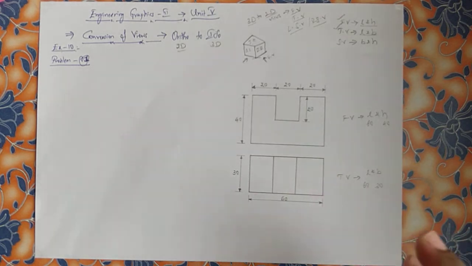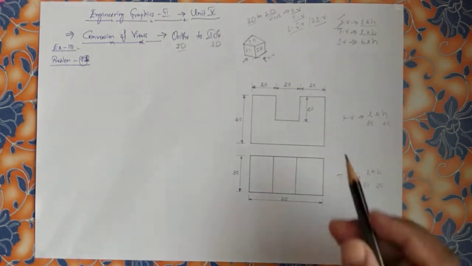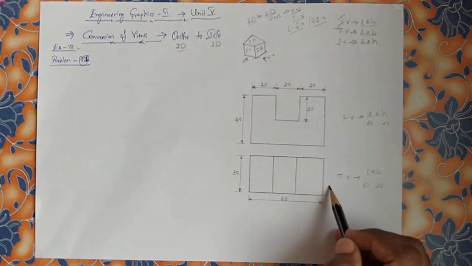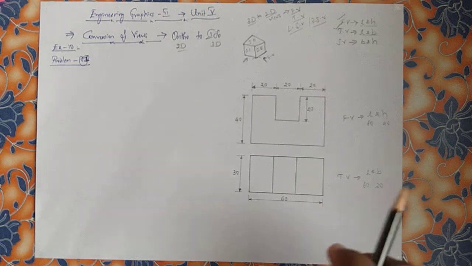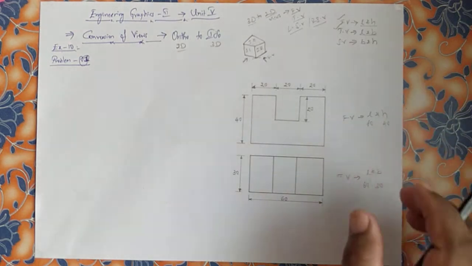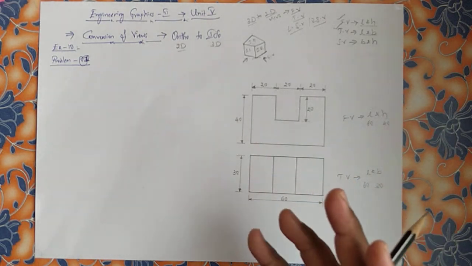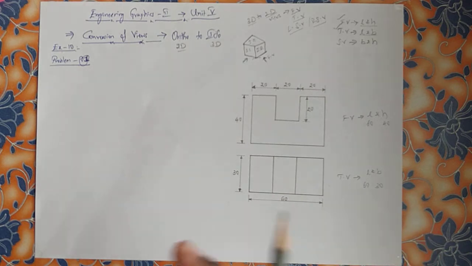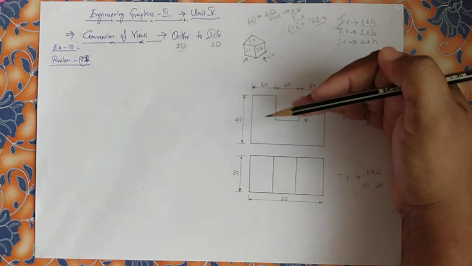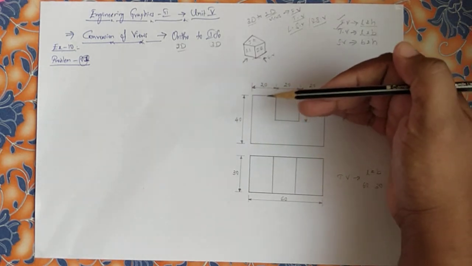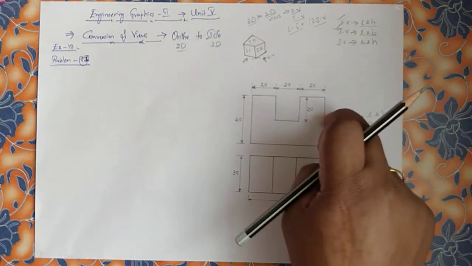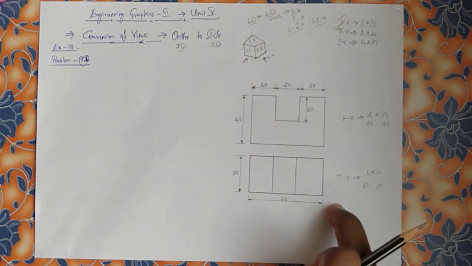Now you are supposed to analyze and visualize this as the front view and this as the top view. If you remember, we discussed the isometric projections or isometric view concept in unit number 4, converting simple and compound solids. Whatever projections we drew, the front view of a square pyramid or pentagonal pyramid or hexagonal prism, we drew the front view and after that the top view.